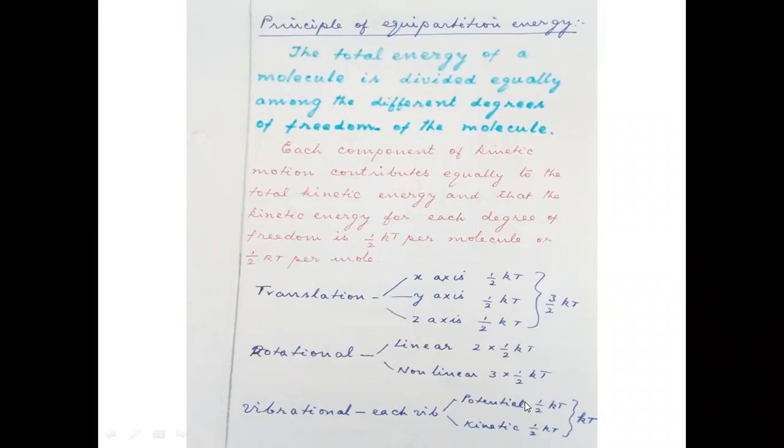The potential energy contribution is half kT and the kinetic energy contribution is also half kT. So each mode of vibration contributes an amount kT to the total energy of the system. This is how the translational, rotational and vibrational energies contribute to the total energy of the system.